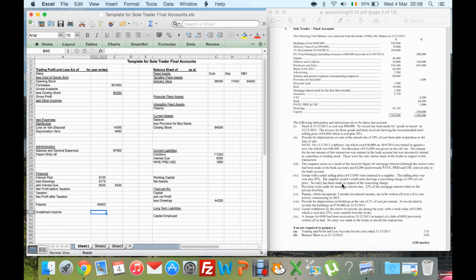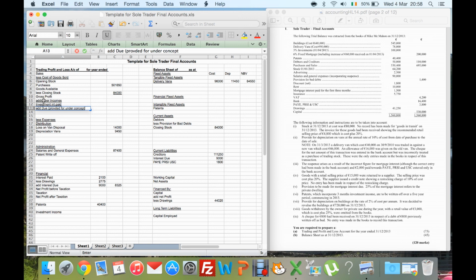Now, it doesn't say anything here. It says, for example, provision for mortgage interest due. I would assume that you should have provided for investment interest due. So I'm going to do that. I'm going to put a note with it in the question. So up here, I'm going to say investment, so the amount due, provided for under the conservatism rule, or let's say concepts.